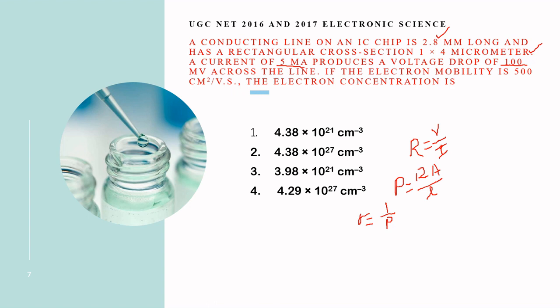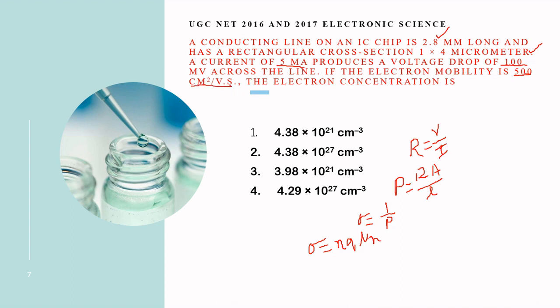So when we get the electrical conductivity, then what can we do? We know electrical conductivity equals N Q mu N, right? The N is the electron concentration, which is to be found, and Q is the electronic charge. We already know the Q value, that means 1.6 into 10 to the power minus 19 coulomb, and mu N is 500 centimeter square per volt second.